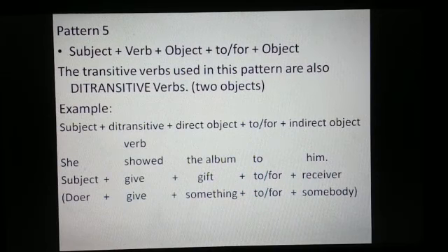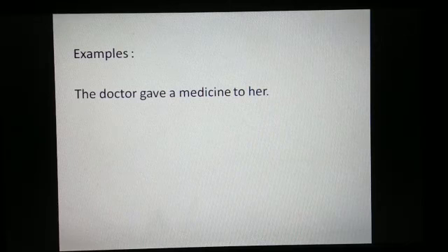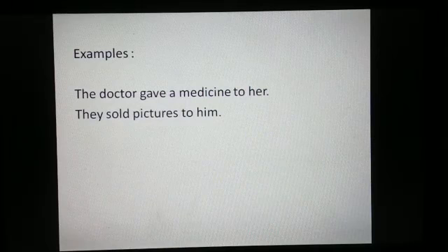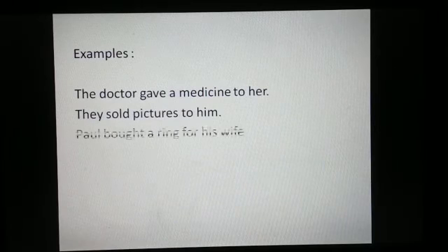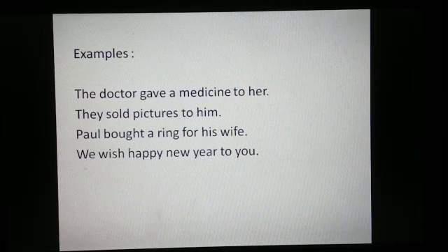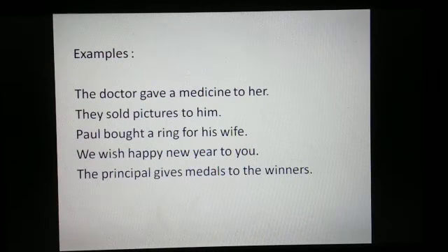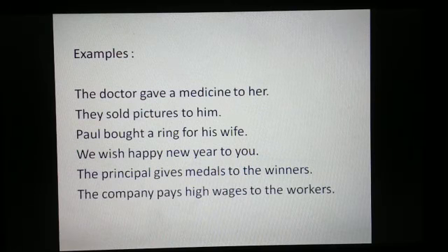Let us see some more examples. The doctor gave a medicine to her. They sold pictures to him. Paul bought a ring for his wife. We wish Happy New Year to you. The principal gives medals to the winners. The company pays high wages to the workers.